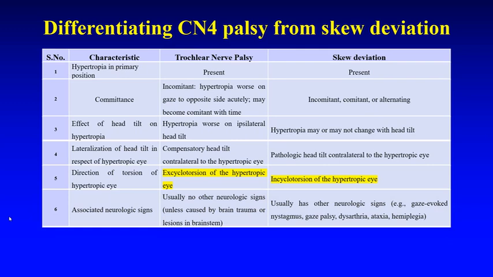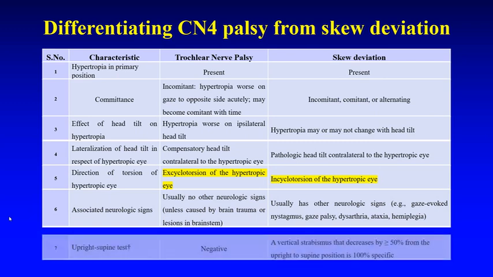Associated neurological signs: in fourth cranial nerve palsy, there are no other neurological signs unless caused by brain trauma or lesions in the brainstem. The skew deviation usually has other neurological signs like gaze-evoked nystagmus, gaze palsy, dysarthria, ataxia, hemiplegia, or internuclear ophthalmoplegia.